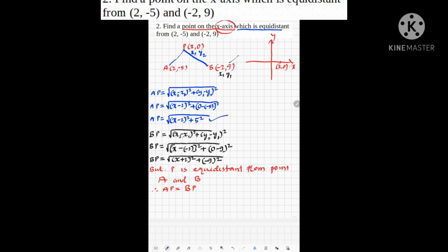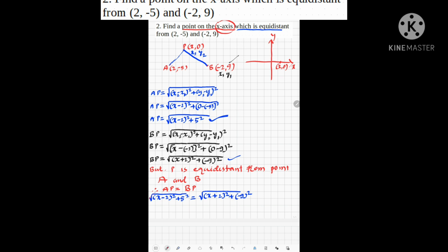AP value we have already found. That is (x minus 2) whole square plus 5 square. Now BP value is here: (x plus 2) whole square plus (minus 9) whole square.